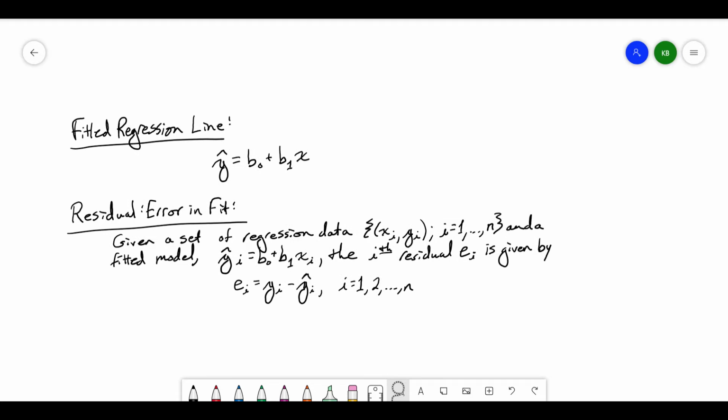Now you might be wondering, how do we estimate b sub 0 and b sub 1? Well, there are multiple ways that we can do that. One of the ways is to do it graphically by looking at a scatter plot or scatter diagram where you plot all of the data points that you have, and then you can visually estimate what you believe the slope and the intercept to be for the line that goes through the data most accurately.